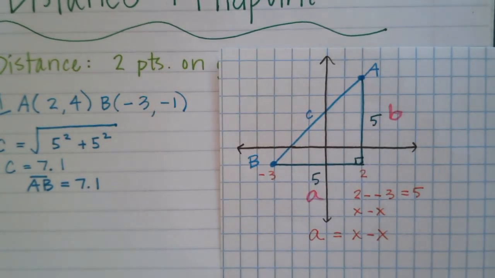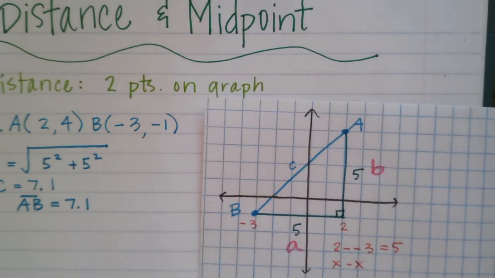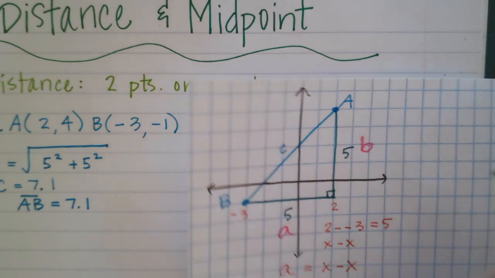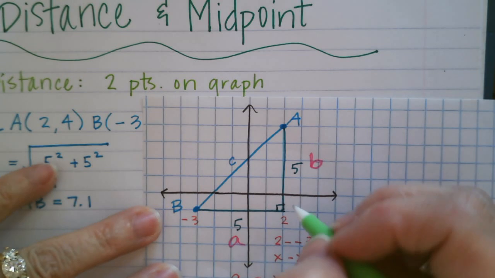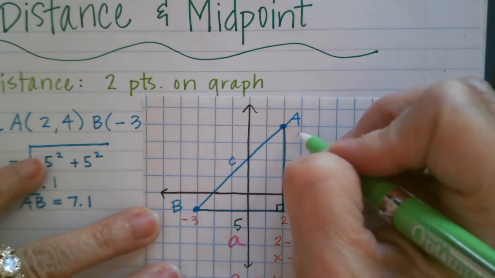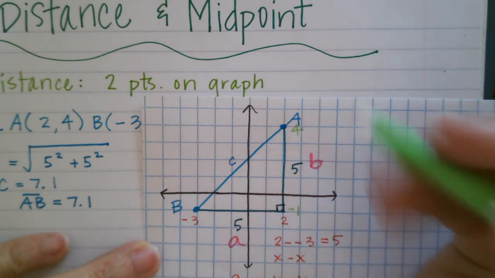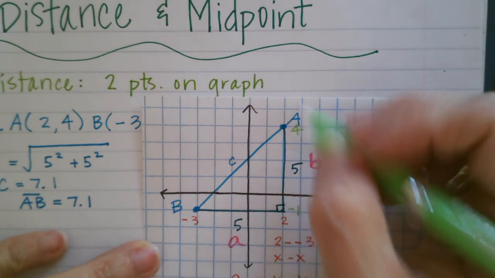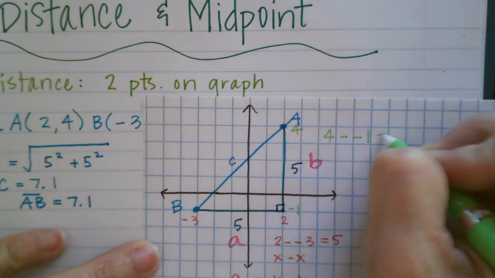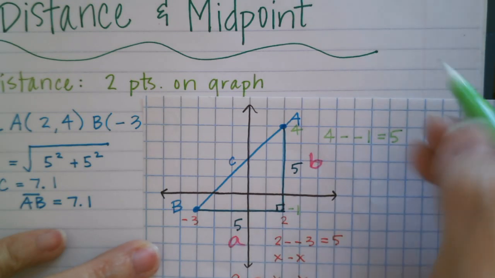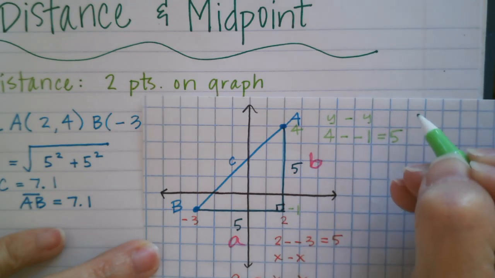Right along with that is what happens with the B. For the B, I am finding the difference from -1 to +4. If I subtract those two numbers, I get 5, which is how long this side is. So 4 minus -1 gives me 5. To get that, I did y minus y.